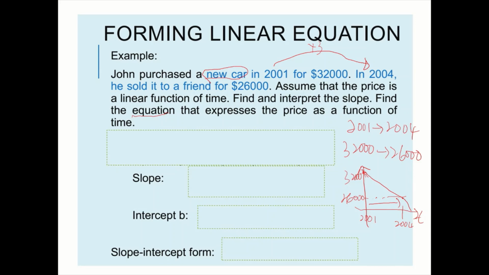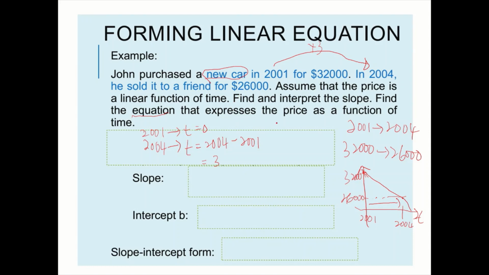First we have to assume that for the year 2001, we let the time equal 0. In this case, for 2004 the time will be 2004 minus 2001, which is 3.